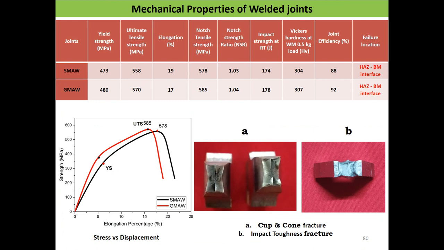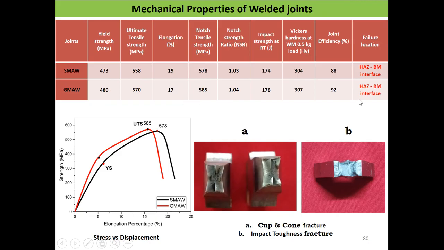Here you can see the mechanical properties of the weld of both SMAW and GMAW. Ultimate tensile strength is higher compared with the SMAW process, which is about 570. Elongation is also higher than the SMAW process.